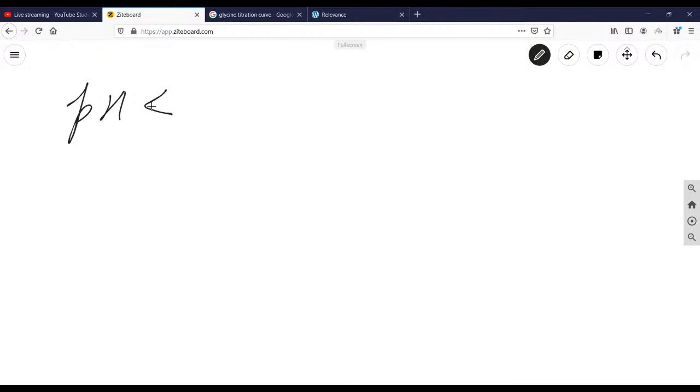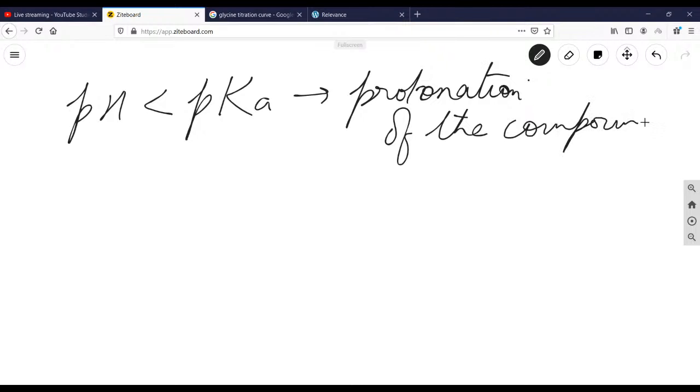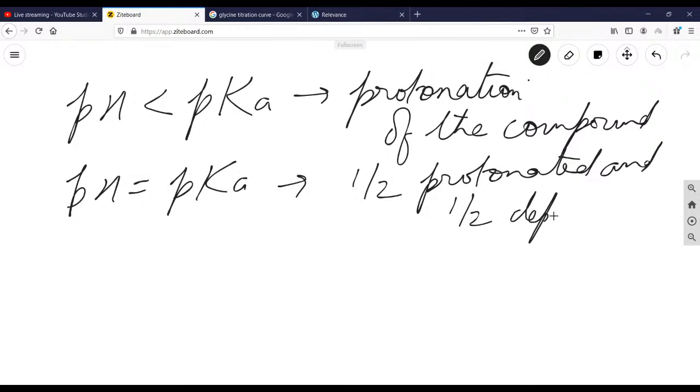If you forget that, you can say the concept also, you can know this thing: when pH is less than pKa, protonation will happen because of too much H plus ions, protonation of the compound. Okay, when pH is equal to pKa, half protonated and half will still be deprotonated.